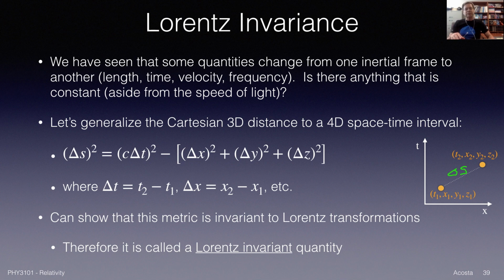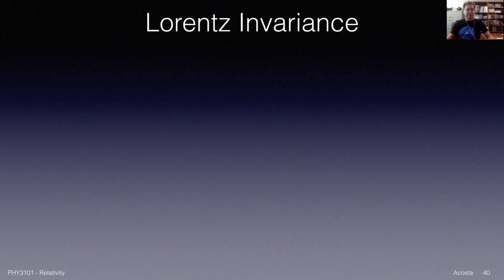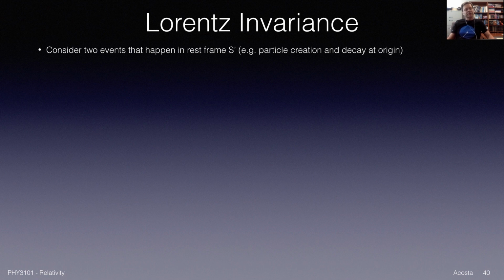Now let's go through and just prove to ourselves that indeed this must be the case. All right. So let's consider two events that happen in a rest frame S prime. For example, a particle is created and then it decays. And we'll put that particle creation and decay at the origin. So if we put it at the origin, then x1 prime, y1 prime, and z1 prime are all 0.